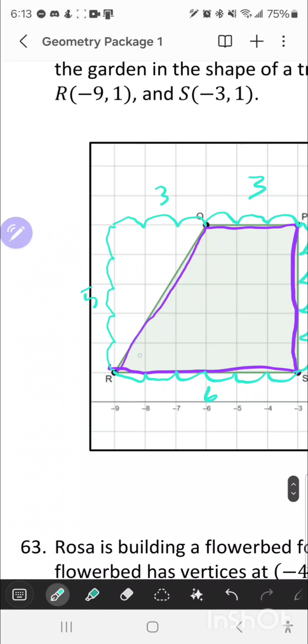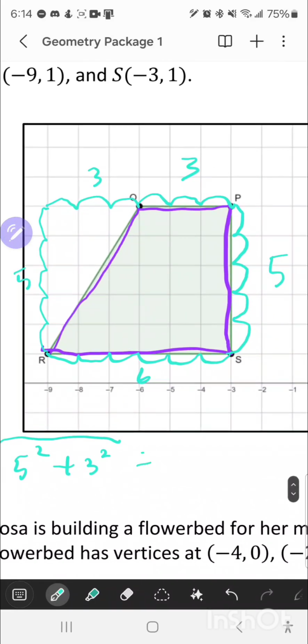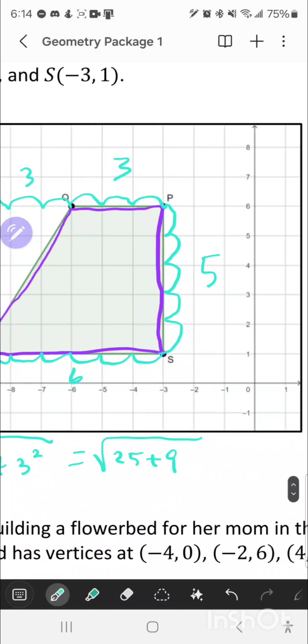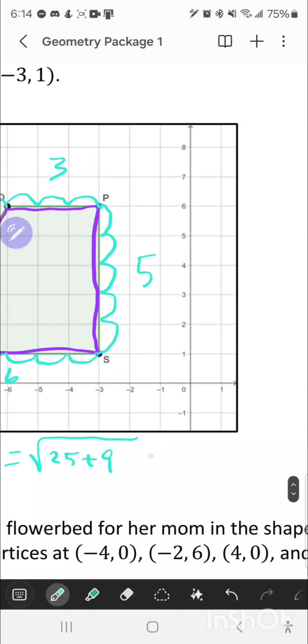Since I want to know this side, I'm going to say the square root of 5 squared plus 3 squared, which equals the square root of 25 plus 9. 5 squared is 25, 3 squared is 9. 25 plus 9 is 34, so this is the square root of 34.